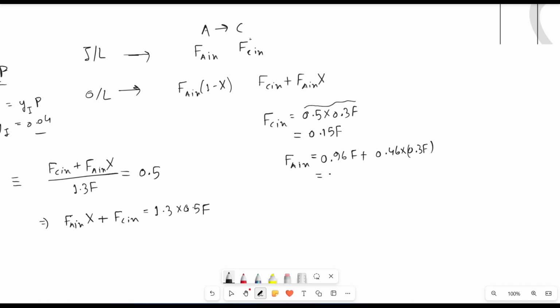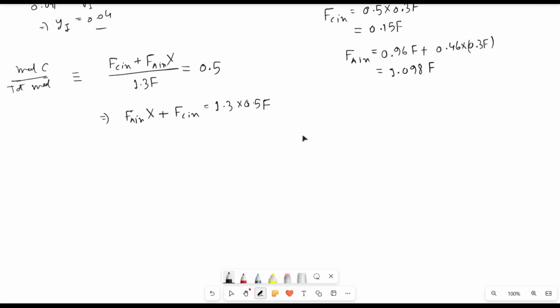If we simplify this, we get 1.098 F. Now put the FA in value: 1.098 F times X plus FC in, 0.15 F, is equal to 1.3 times 0.5 F. The entire F gets cancelled.